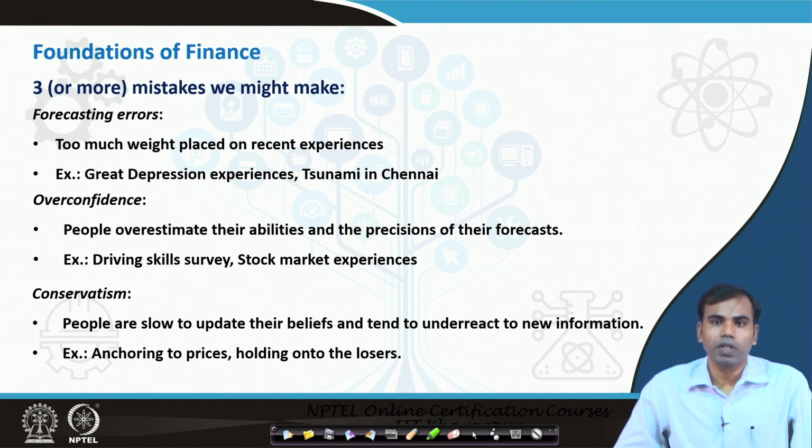For example, if you ask individuals who are active in stock markets about their abilities to trade in financial markets, they would consider themselves to be over smart, and they believe that they are better than many others. In fact, they might rate themselves as better than average.